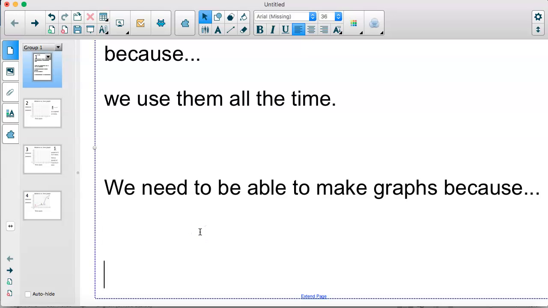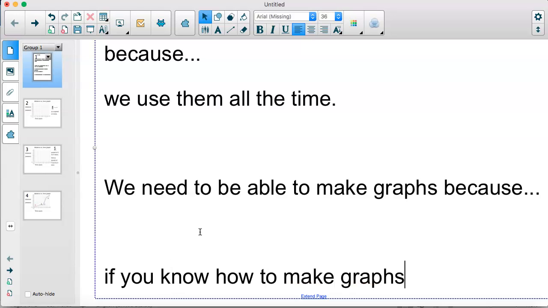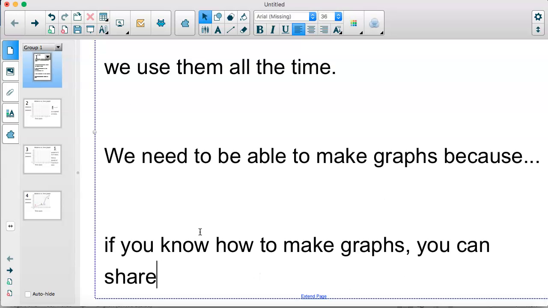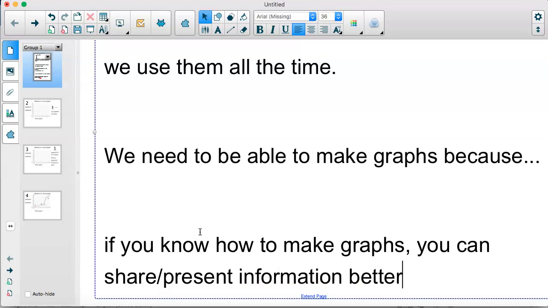And if you know how to make graphs, you can share and present information better. You can talk to people about things they wouldn't otherwise understand. You yourself can understand data better.